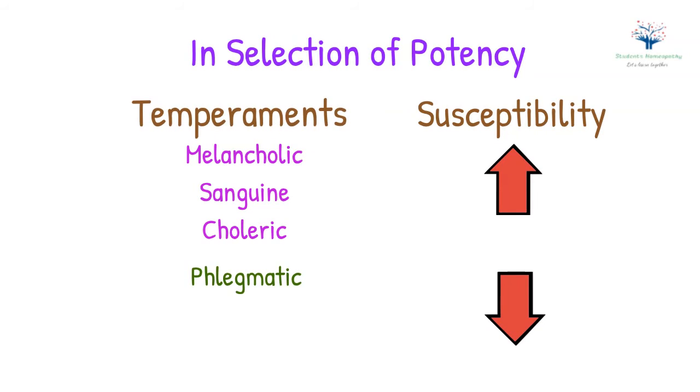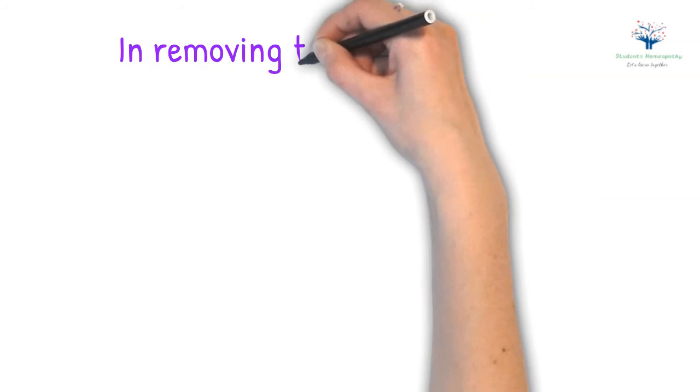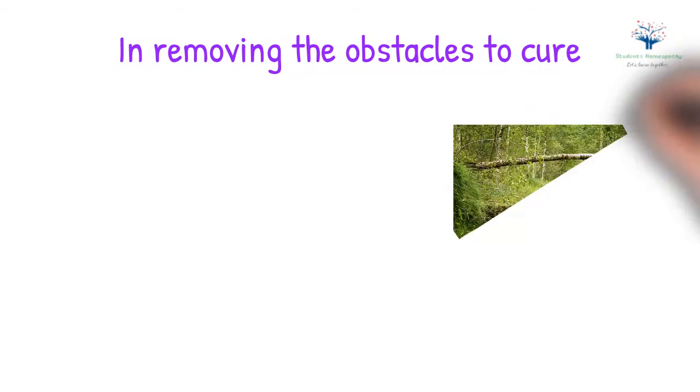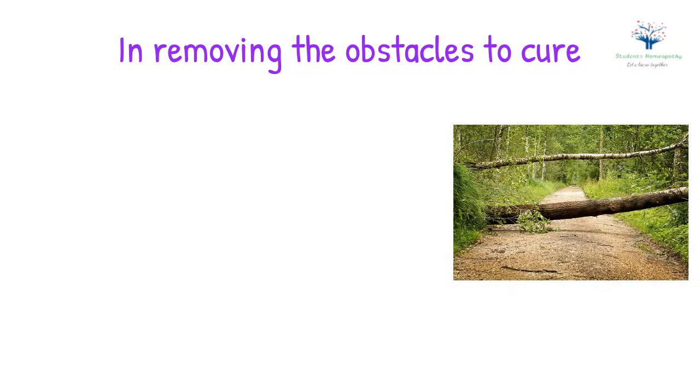Finally, the knowledge of temperaments can help us in removing the obstacles to cure, especially the psychological obstacles. From the knowledge of temperaments, we can know which type of temperament is more prone to stress or other psychological emotions, and which type of temperaments are prone to which type of stresses.